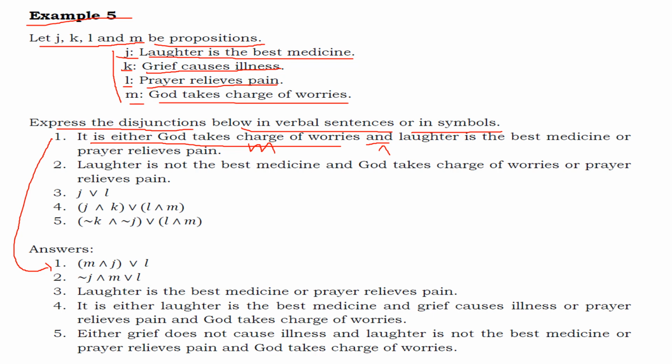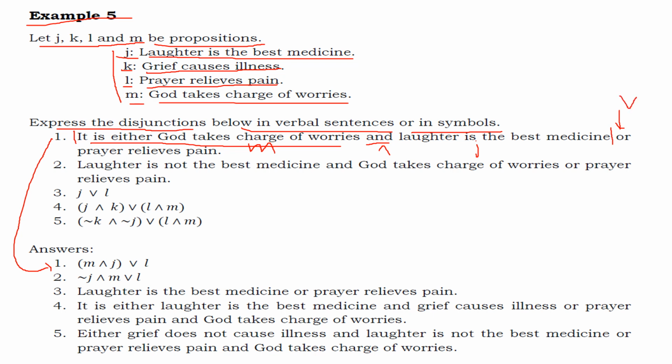Laughter is the best medicine, so that will be your J. First, to visualize more, we simply put a parenthesis here to see how we can represent this in symbols. So that will be M conjunction J. Because there's an N, we copy both your original propositions M and J. Or, this will serve as your disjunction here.